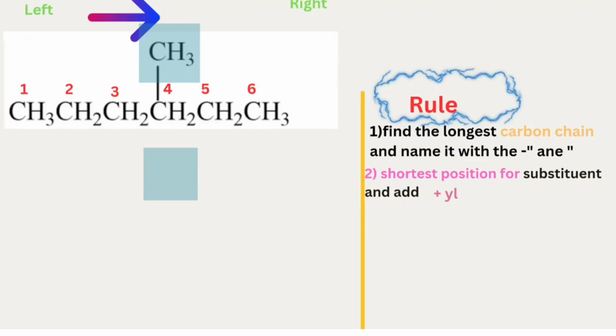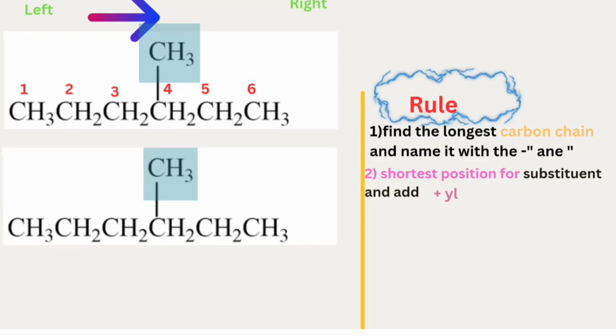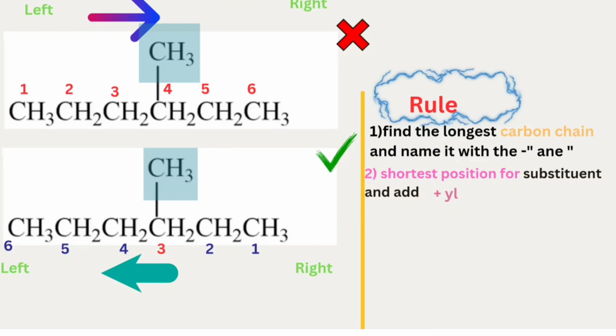The position of the substituent is 4th position. In another case, when we are counting from right to left, 1, 2, 3, 4, 5, 6, the 3rd position is our substituent. So which one is our shortest position? 3 or 4? 3 is the shortest position. So we are choosing the second case.